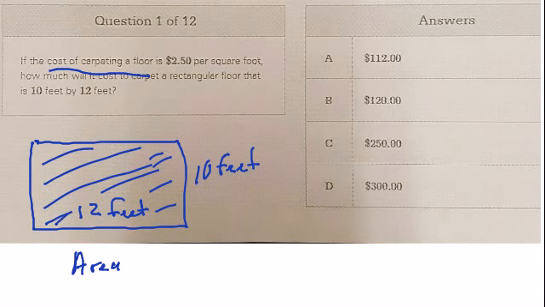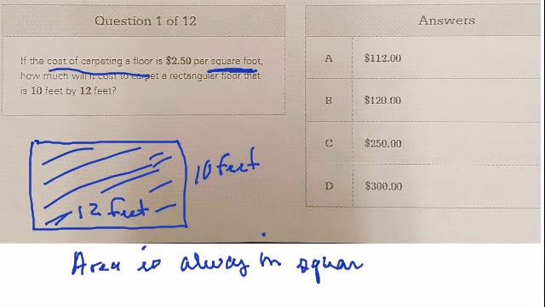If we were just going around the edges, then we'd be looking at a perimeter. And also the square footage should be a bit of a hint. Area is always in square feet, or square something. So it's always squared, whether that's square feet, inches, miles, whatever we're talking about.